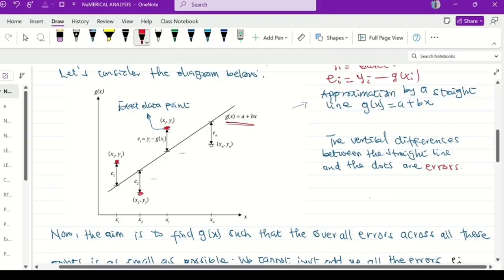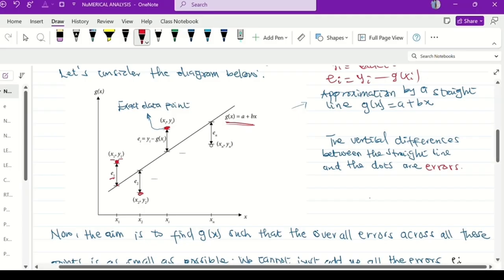So the vertical distance between the dots and the straight line is known as the error. We can see from the graph that we have e1, e2 up to ei. So when i is 1, you have (x1, y1).